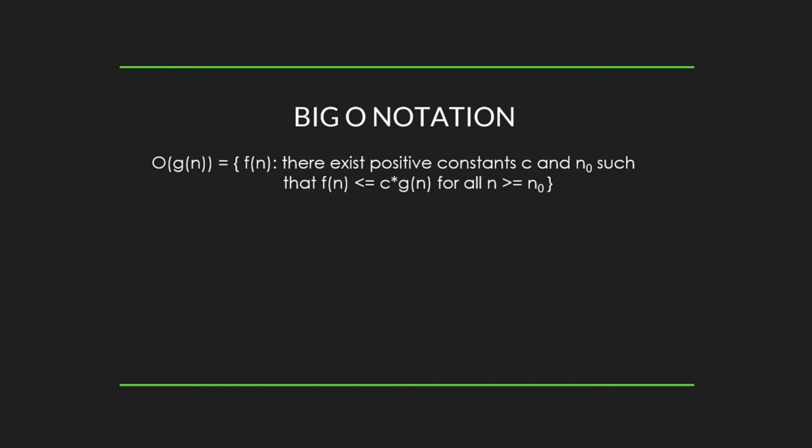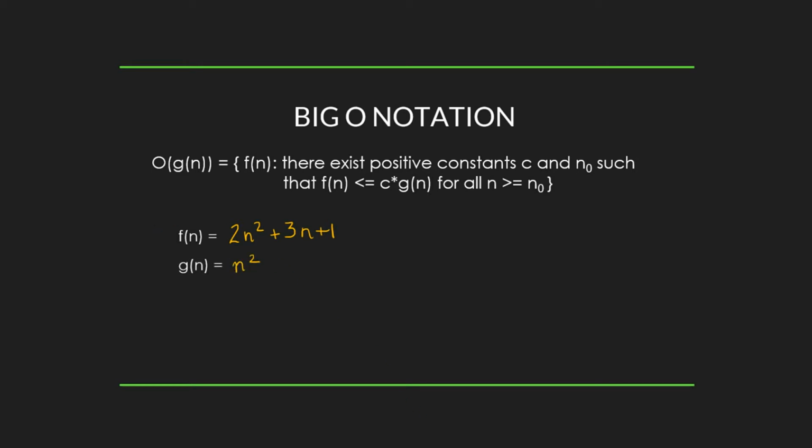Let us take an example and understand it more clearly. Let's say that we have a function f(n) equal to 2n square plus 3n plus 1 and g(n) equal to n square.